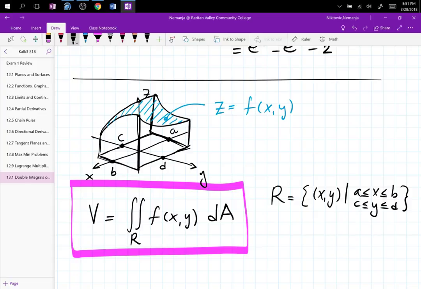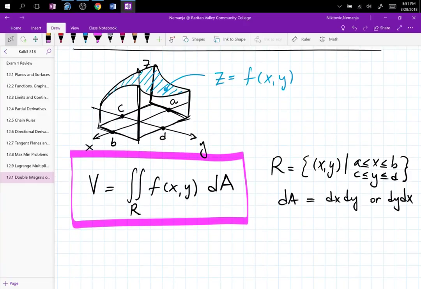So that's our notation for R. And then we have our dA to be either dx dy or dy dx, depending on the situation. So this is what governs the entire process, and then we just solve the integrals in order, the inner one first and the outer one.